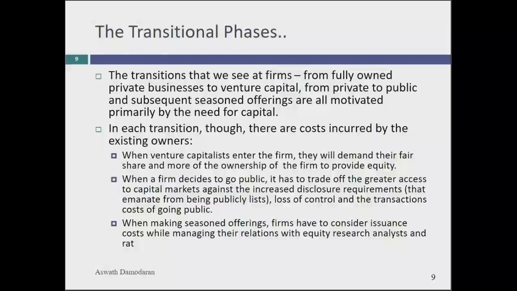Because you've got to fix issues and problems that you don't want to do in the public eye, and those might be easier to fix in private. These are the LBOs and the going-private transactions that the KKRs and the Blackstones do. So you go from owner-funded to VC, VC to public, and eventually you might go back to private, and then the game might be over. So that's why the life cycle fits so well.